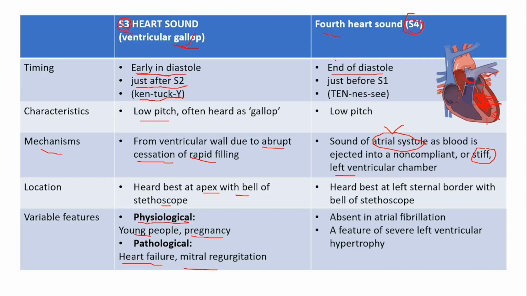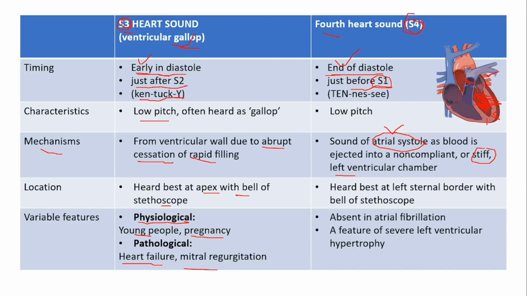This occurs at the end of diastole. Now this S4 occurs just before the S1, like at the end of diastole, the mitral valve will close, so they will produce S1.